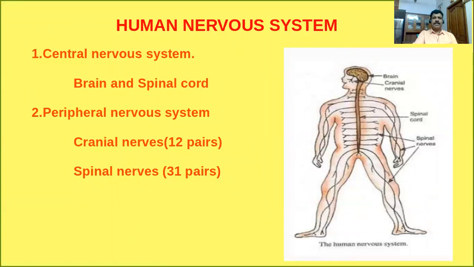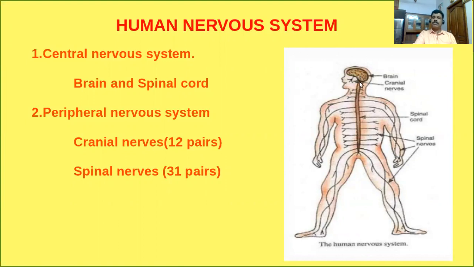Dear students, this is the diagrammatic representation of the human nervous system. It consists of two important parts. First one is the central nervous system and the second one is the peripheral nervous system. What is the central nervous system?